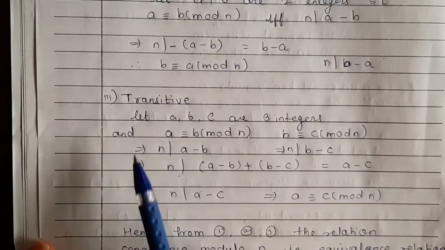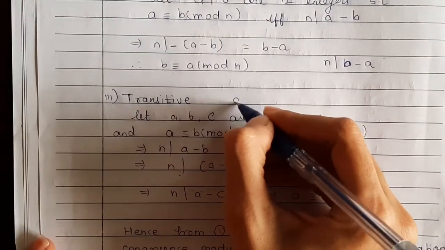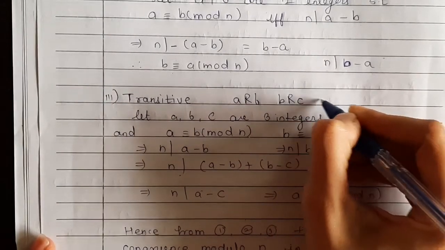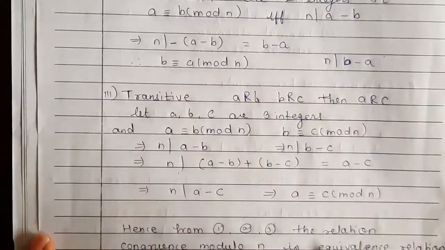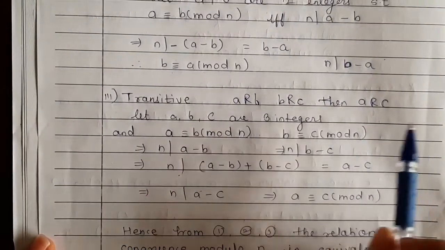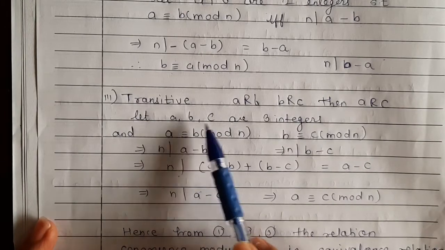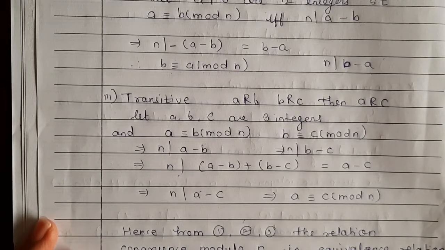For transitive, what is the definition of transitive? If a is related to b and b is related to c, then a is related to c. So here we take three integers a, b, c, and apply the definition of congruence modulo n.